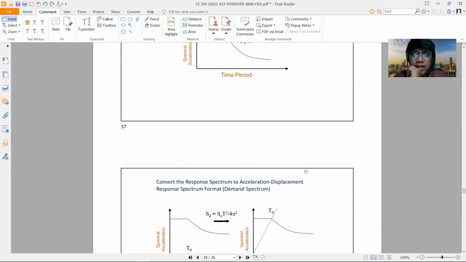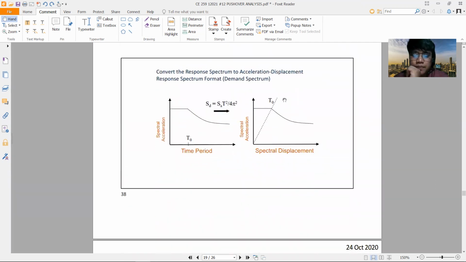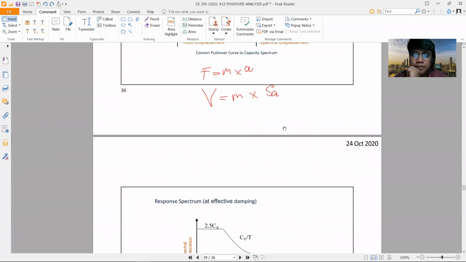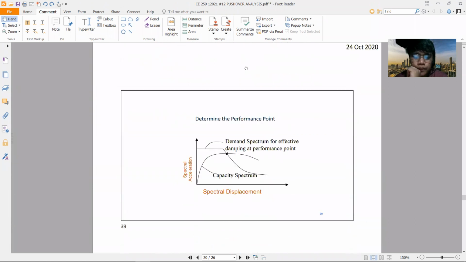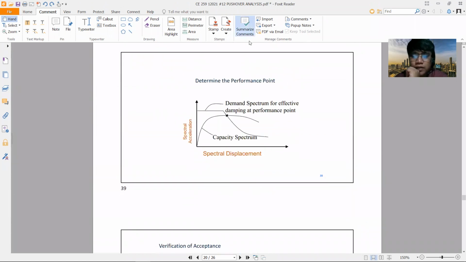So now we can compare na yung demand spectrum versus the capacity spectrum. Okay, if we compare the two, we can determine if our building is safe or not. Okay, so we can also determine the performance point. The performance point is the intersection of the demand spectrum and the capacity spectrum.